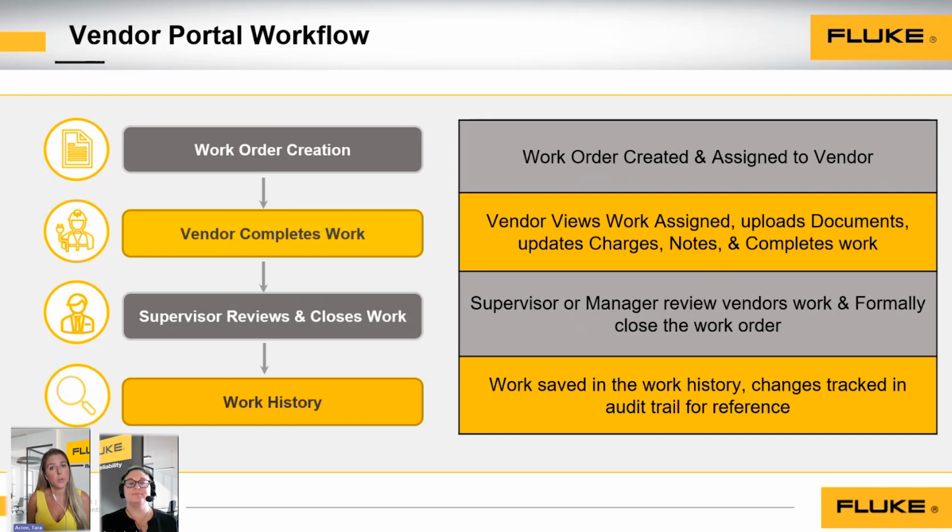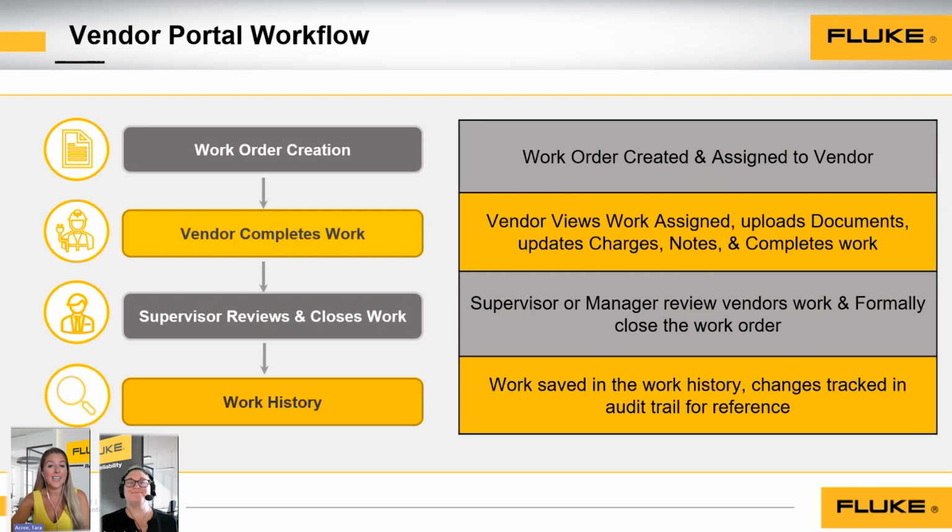And then they can mark the work order complete. Once the work order is completed, it will go back to a supervisor to review what the vendor has done and formally close out the work. Once the work order is closed, it will store in the history for that asset record so that you can report on the vendor performance, as well as have better detail into that work order history.